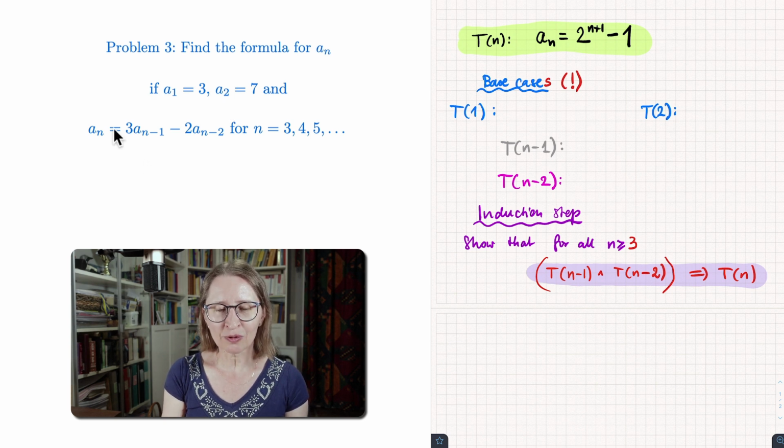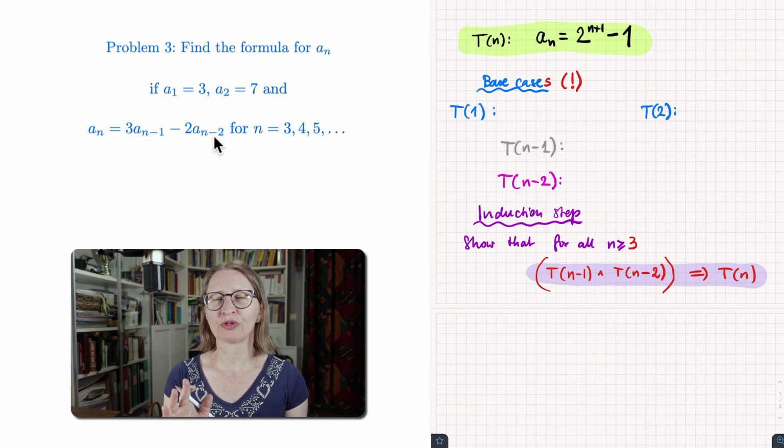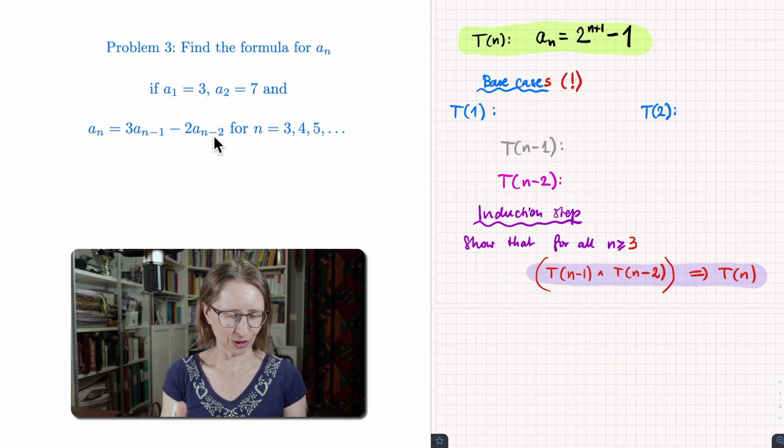Why? Well, because then I can literally apply this formula for a_n in order to use the induction assumption for n minus 1 and for n minus 2. But this is why I also dropped this regular color, so that you don't get a wrong impression that maybe something else is going on.